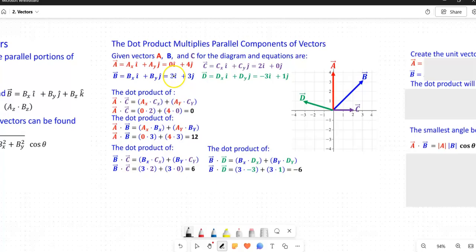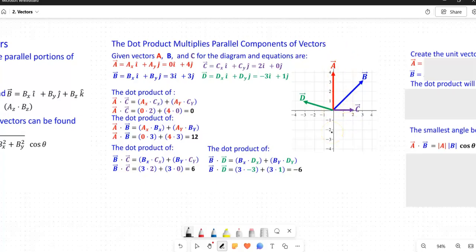So that'll be positive 3i in the x direction and positive 3j in the y direction. The vector C is only pointing to the right two boxes, so its components will be positive 2i but 0j. Finally, you have vector D, which is pointing to the left 3, which is going to be negative 3i, and up 1, positive 1j.